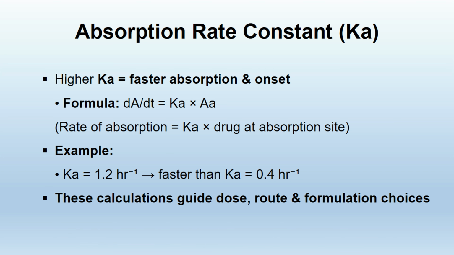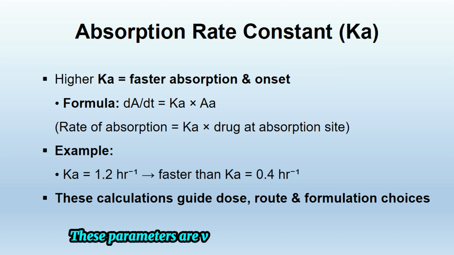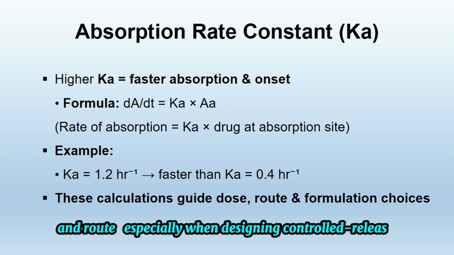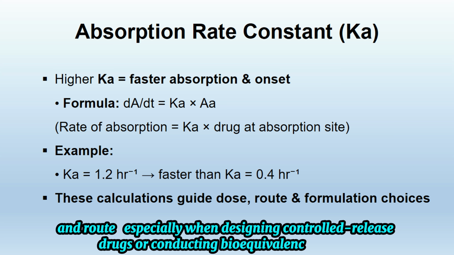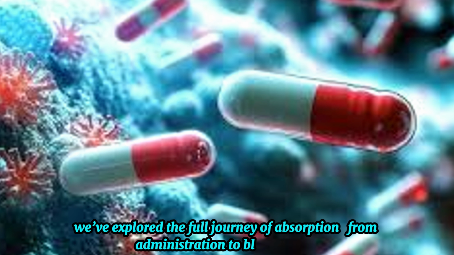For example, a drug with Ka equals 1.2 per hour is absorbed faster than one with Ka equals 0.4 per hour. These parameters are vital in choosing the right dose, formulation, and route, especially when designing controlled-release drugs or conducting bioequivalence studies. With that, we've explored the full journey of absorption, from administration to bloodstream.